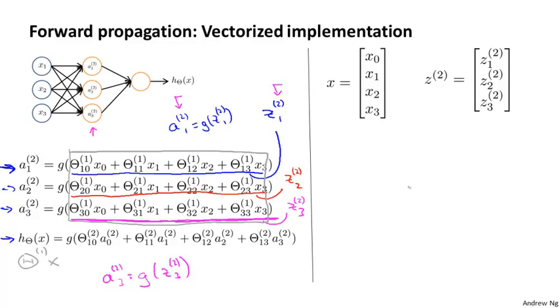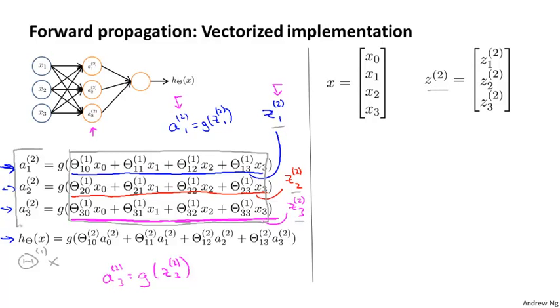Concretely, let's define the feature vector x as usual to be the vector of x0, x1, x2, x3, where x0 as usual is always equal to 1. And let's define z2 to be the vector of these z values, z21, z22, z23. Notice that z2 is a 3-dimensional vector.